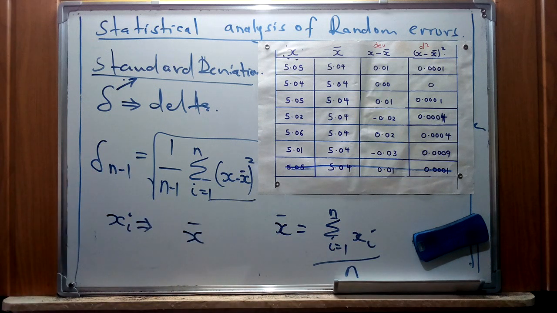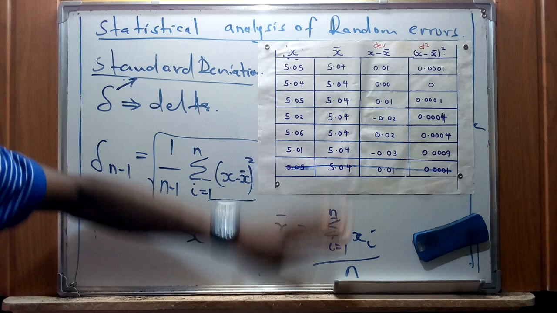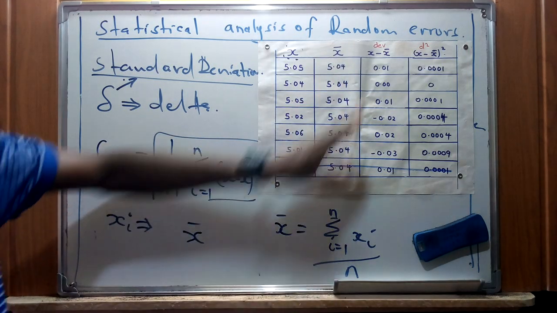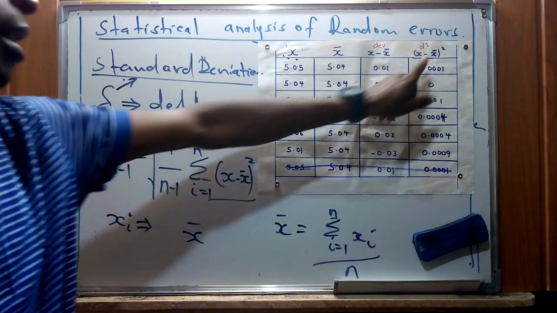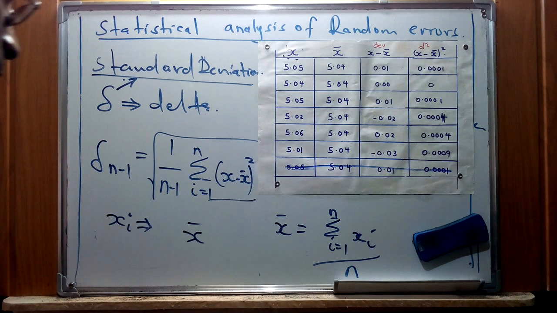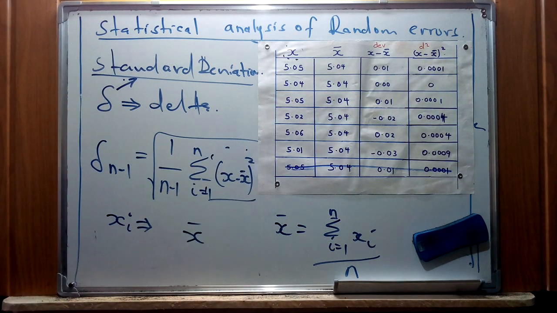That is going to give us what we call the average. The difference between the first and second column is going to give us the deviation, and then the third column is going to give us the square of the deviation, which we are going to use in this part of the standard deviation.